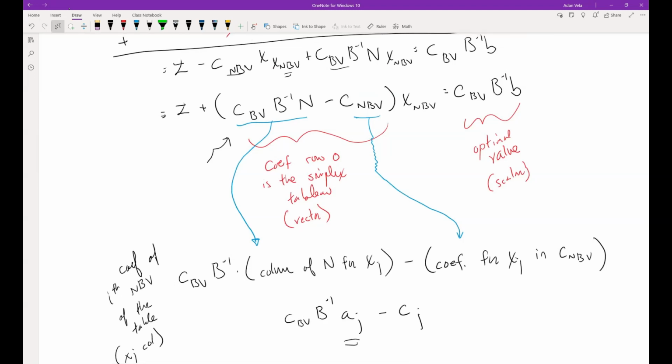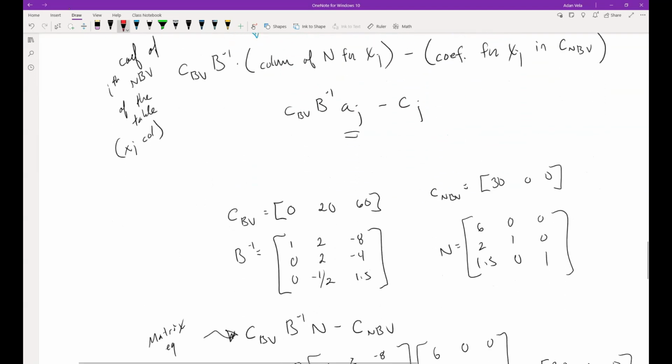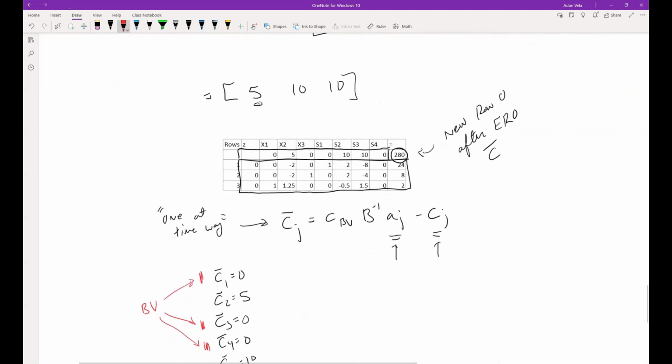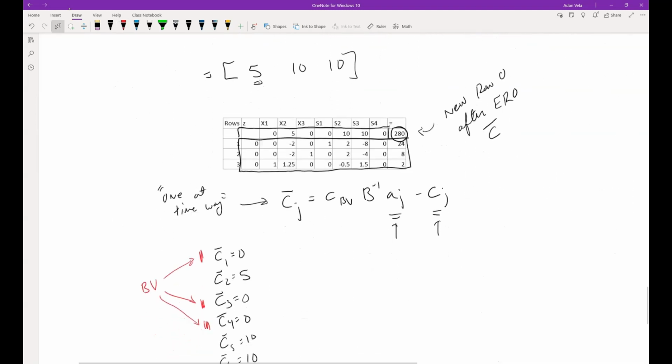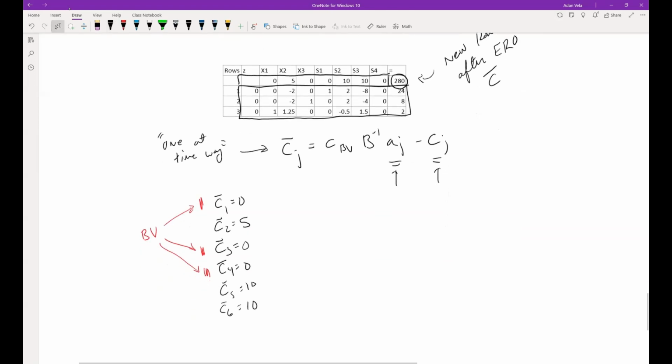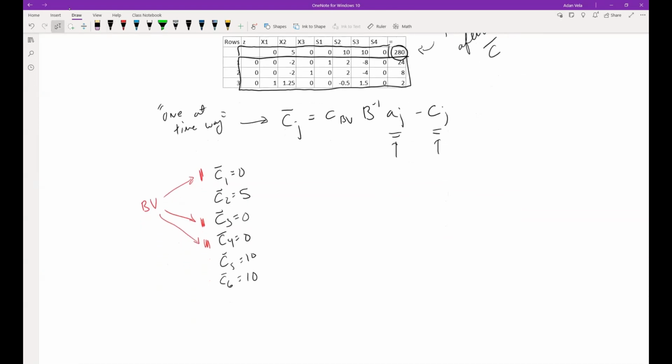Okay. It's given by the CBV B inverse B here. Okay. So we can go ahead and just plug that in. Of course, we already know it's 280 because we've solved this problem before, but let's pretend we hadn't solved it before. Okay. What would we get?